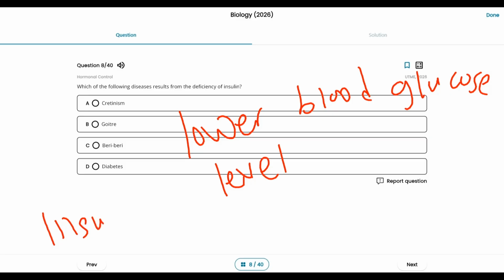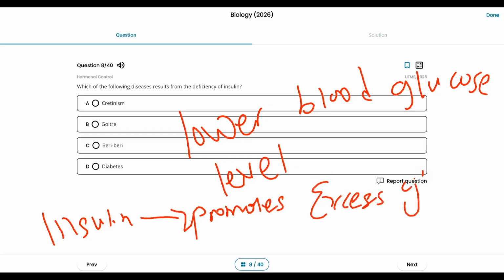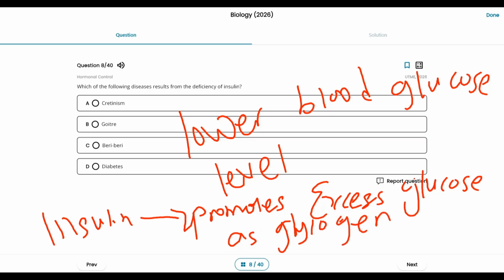So when there is insufficient insulin production, blood glucose becomes abnormally high, which leads to diabetics.